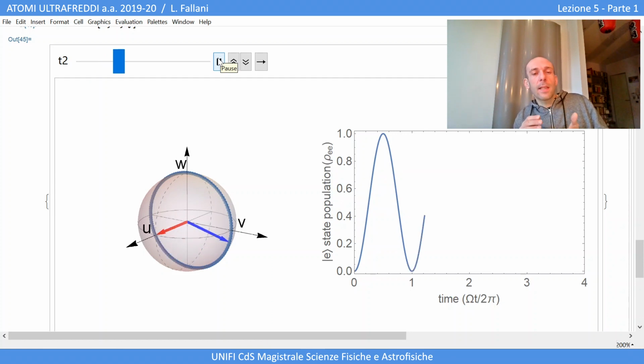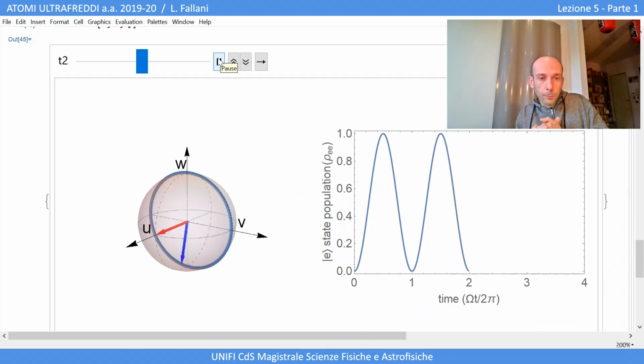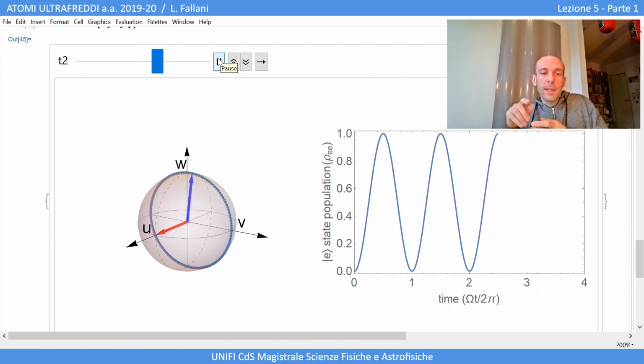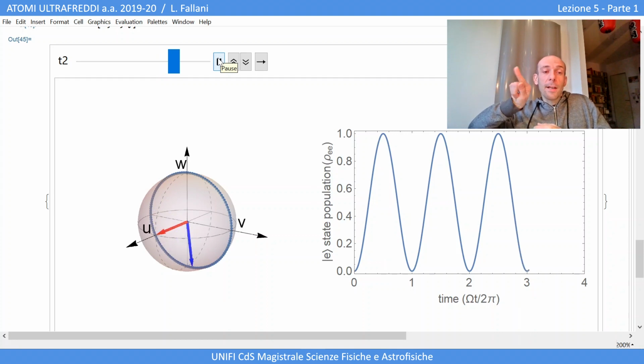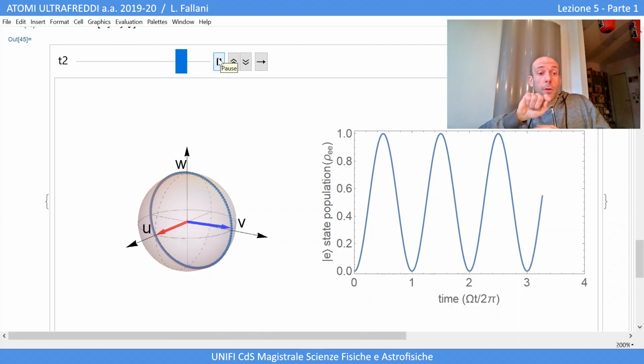This is related to the projection of the Bloch vector along the vertical axis of the Bloch sphere. This dynamics on the Bloch sphere is a rotation of the Bloch vector around the direction of the Rabi vector, which is along the u direction.